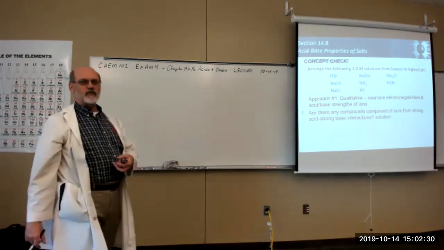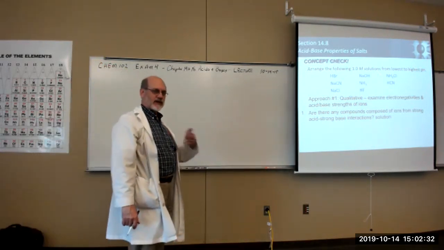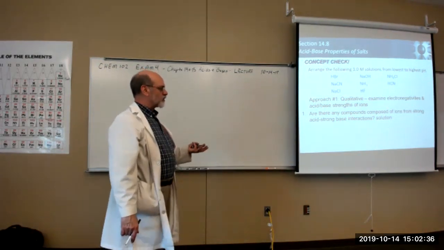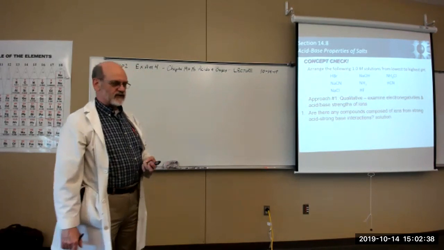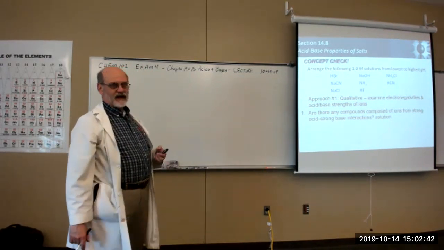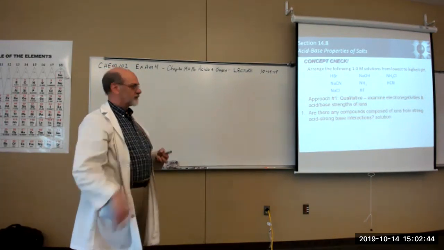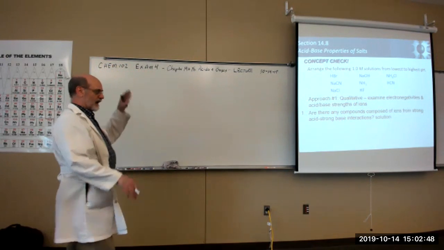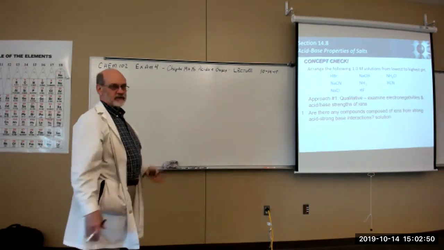So lowest pH would be more acidic. Highest pH would be the most basic. All right. Our first approach is qualitative. Since we don't need to actually know the numbers, maybe we can reason it out as to what the order is. Well, the way I do it is I nail down the extremes.